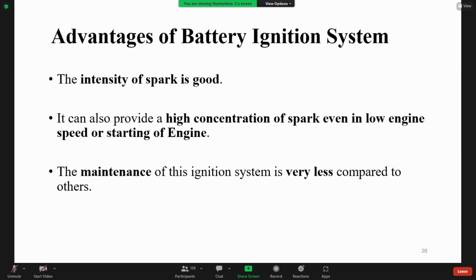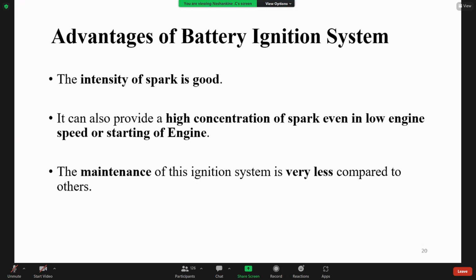Then it can provide a high concentration of spark even at low engine speed or at the starting of the engine. That time also this battery ignition system provides a high concentration of spark.